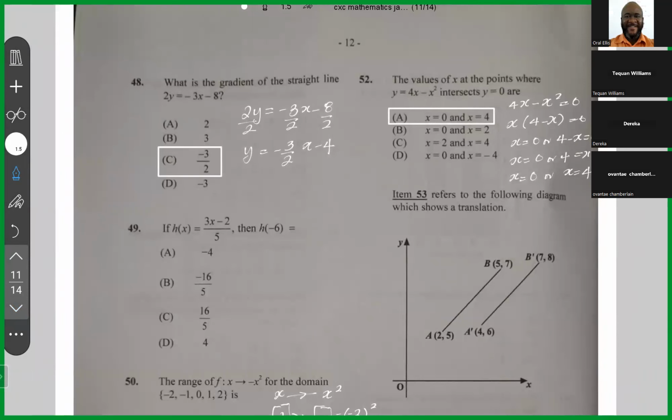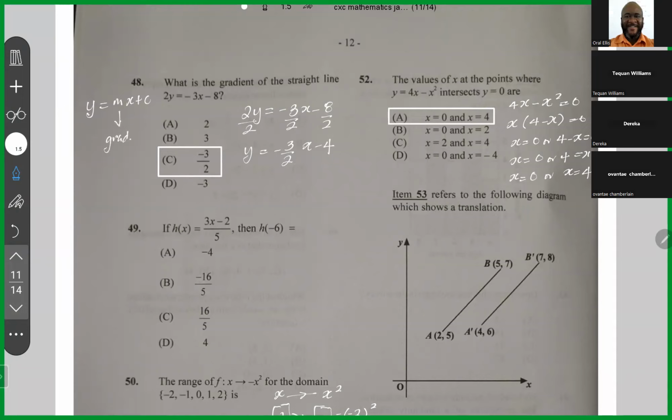28, I see people getting 28 wrong. What is the gradient of the straight line? Now, to determine the gradient of a straight line represented as an equation, you have to get it in this form: y is equal to mx plus c. In other words, you need to make y the subject. Once it is in that form, the number in front of x is the gradient.